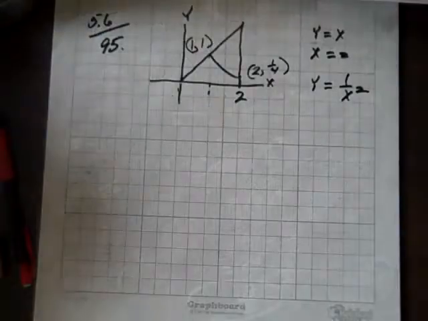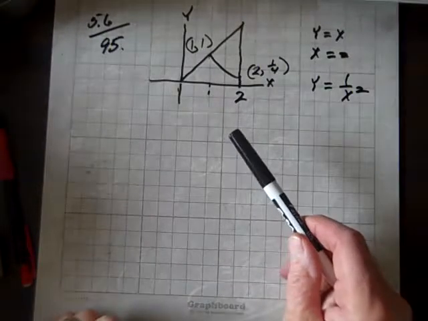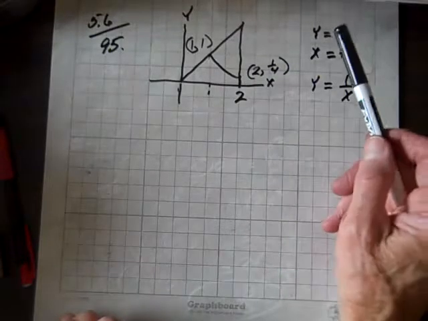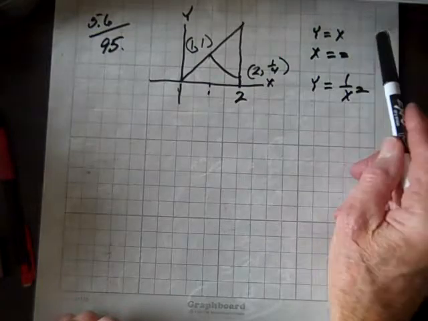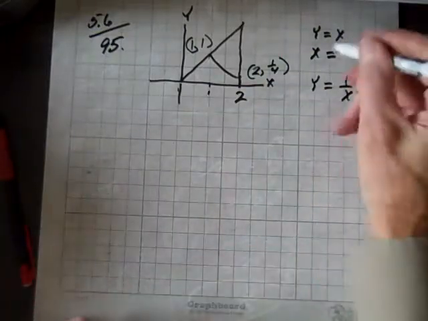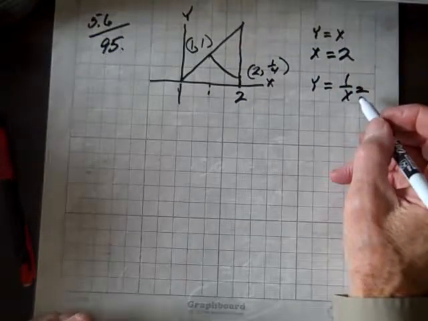Well, now we're doing question 95, and we have to find the area that's enclosed by the graphs of y equals x, x equals 2, and y equals 1 over x squared.